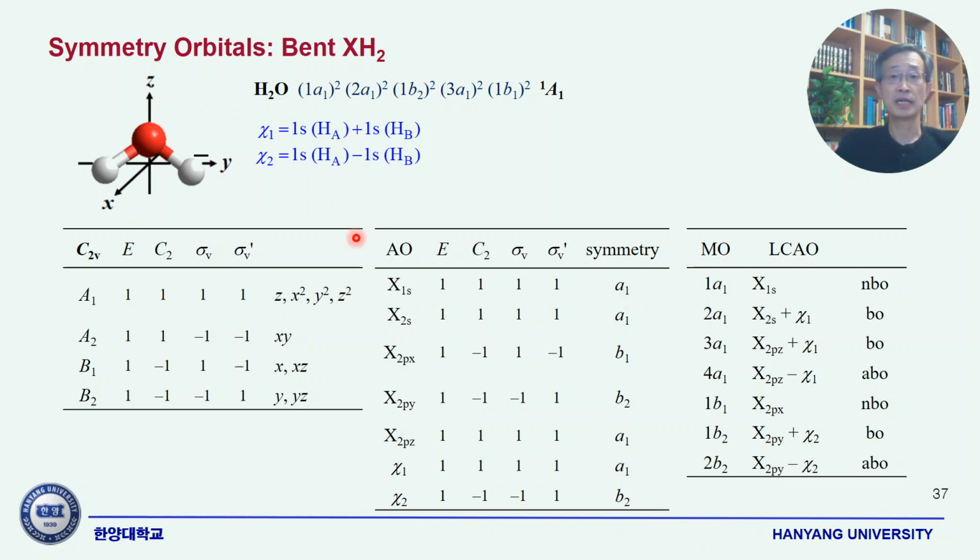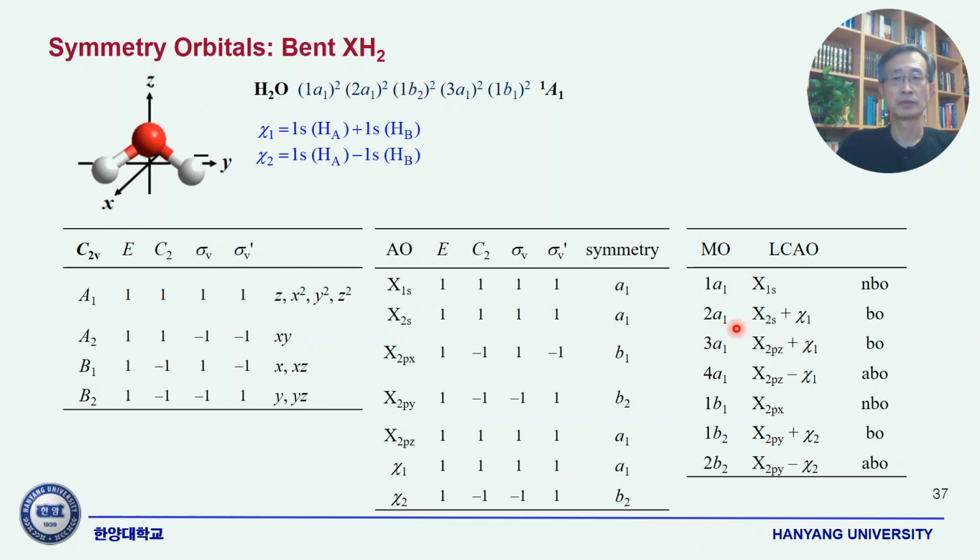So in this case, the 1s orbital is far lower than the 2s or 2p orbitals, and that is non-bonding, and that does not mix with the hydrogen orbitals. You can do that, but the mixing coefficient is negligibly small. So the A1 is a non-bonding orbital, an inner orbital, a core orbital of the oxygen.